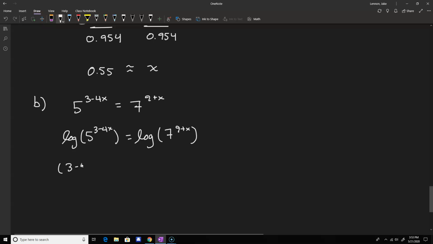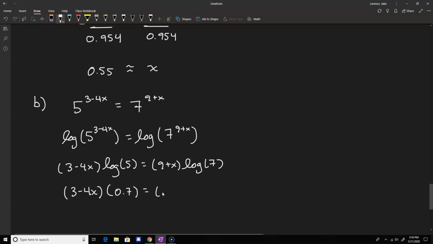So we get 3 minus 4x times the log of 5, and then we get 9 plus x times the log of 7. So then what do we have? Well, we have 3 minus 4x times 0.7, and that will equal 9 plus x times 0.85.